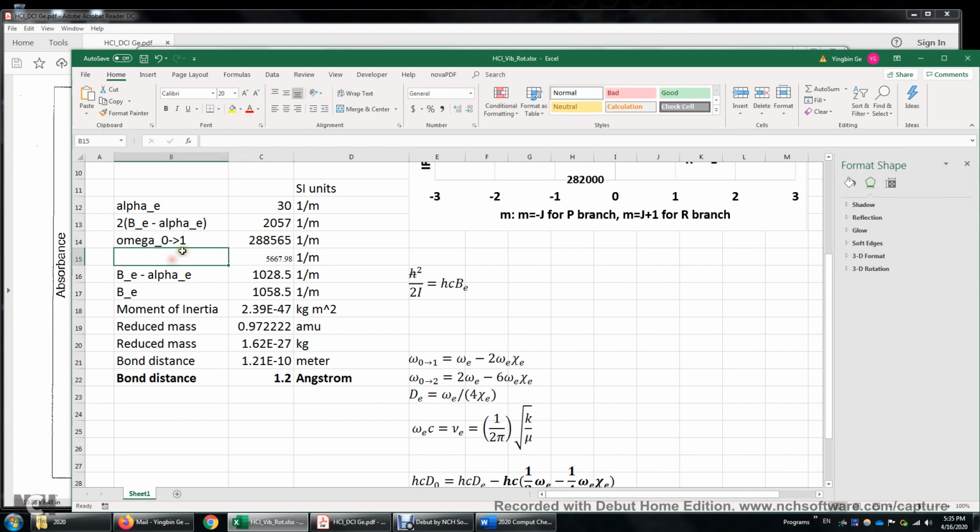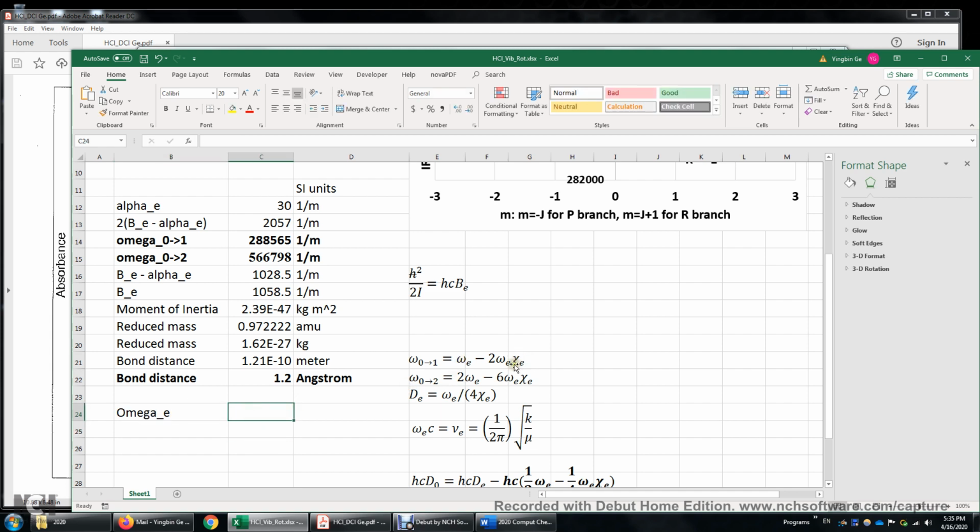So it's omega 0 to 2. So these two are the vibrational transitions from 0 to 1 and from 0 to 2. Right, so now we can use these two numbers to compute omega E and omega E chi. So first, omega E. How do we do this?